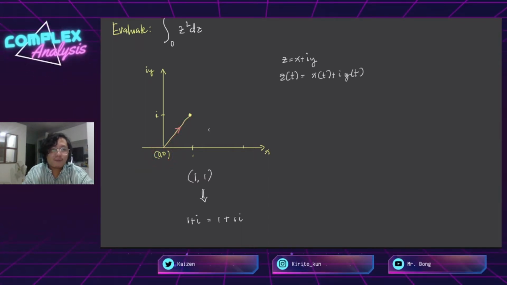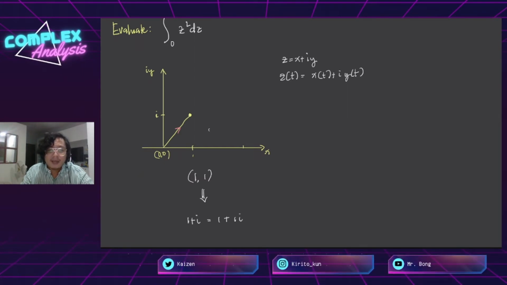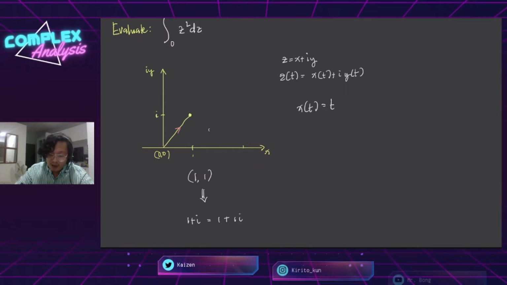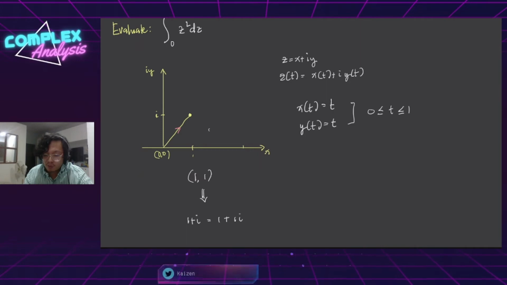There are many different ways we can parameterize that, but perhaps the simplest is to say x(t) = t and y(t) = t, where t is greater than or equal to 0 but less than or equal to 1.